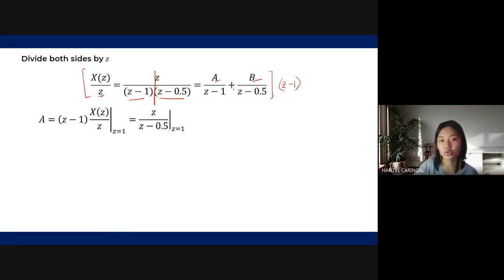In partial fraction, whatever is in the denominator, we multiply by it, so that only A remains, since the value of A is what we are looking for. So we have the quantity z minus 1 times X of z over z. After multiplying by z minus 1, what remains is z over z minus 0.5.